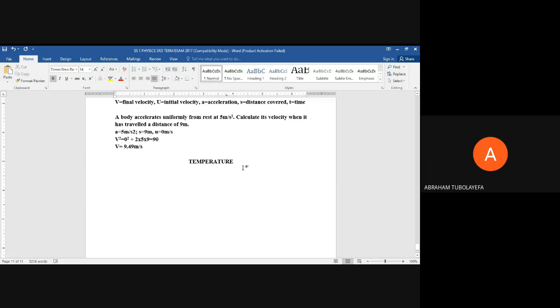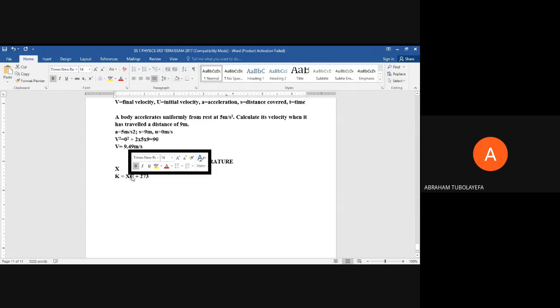To convert from degrees Celsius to Kelvin, let me use X to represent Celsius. The temperature in Kelvin will be equal to the temperature you had in Celsius plus 273.